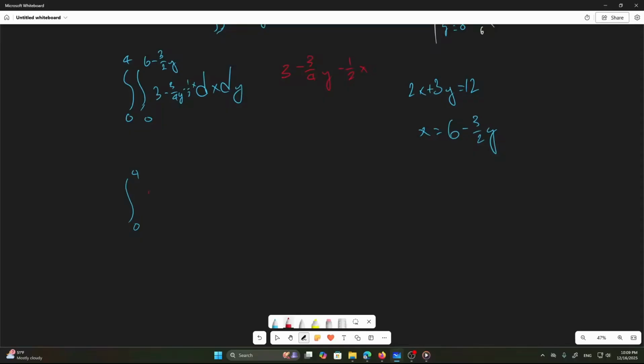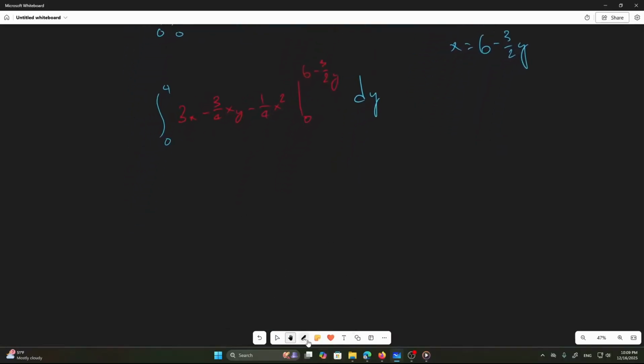So this would become 3x minus 3/4 xy minus 1/4 x squared. And then we would do this from 0 to 6 minus 3/2 y dy.